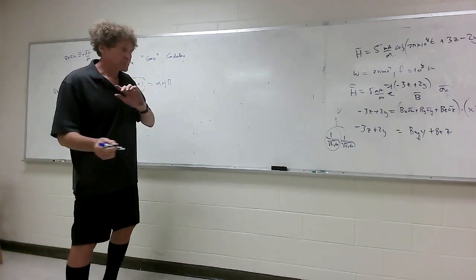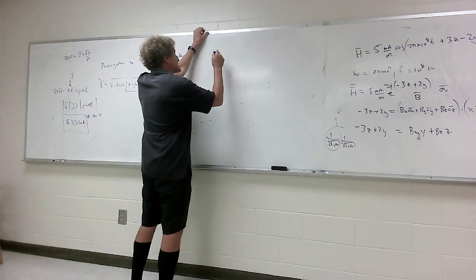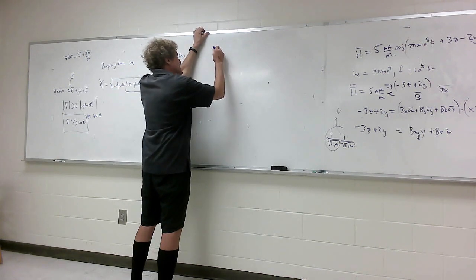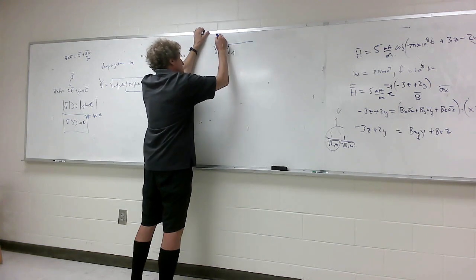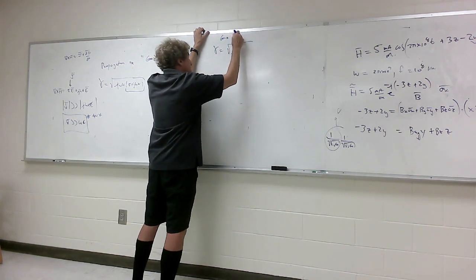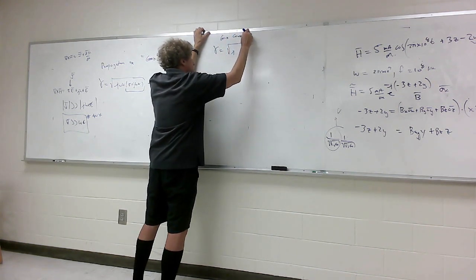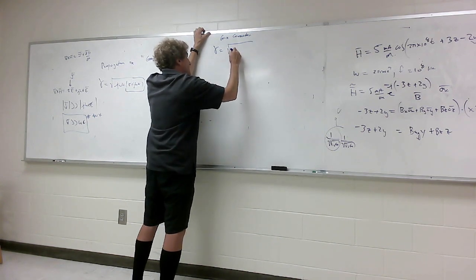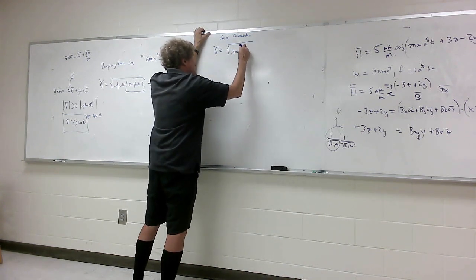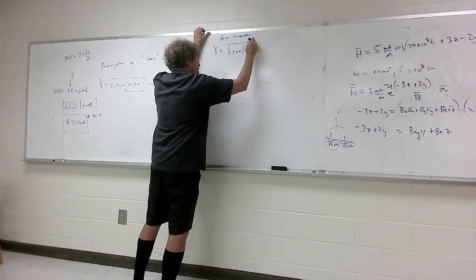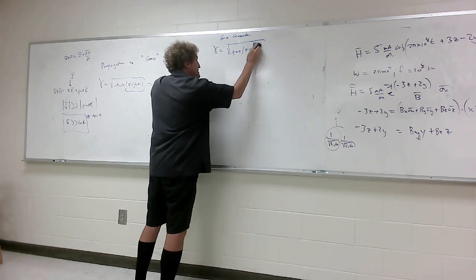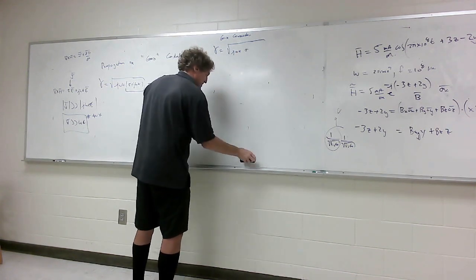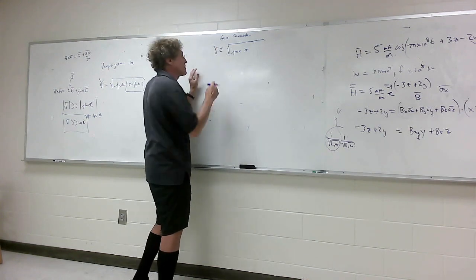For a good conductor, the propagation constant is equal to the square root of j omega mu times sigma plus j omega epsilon, right? But if it's a good conductor, you can get rid of that omega epsilon. So this is what it is. Can you all follow me?